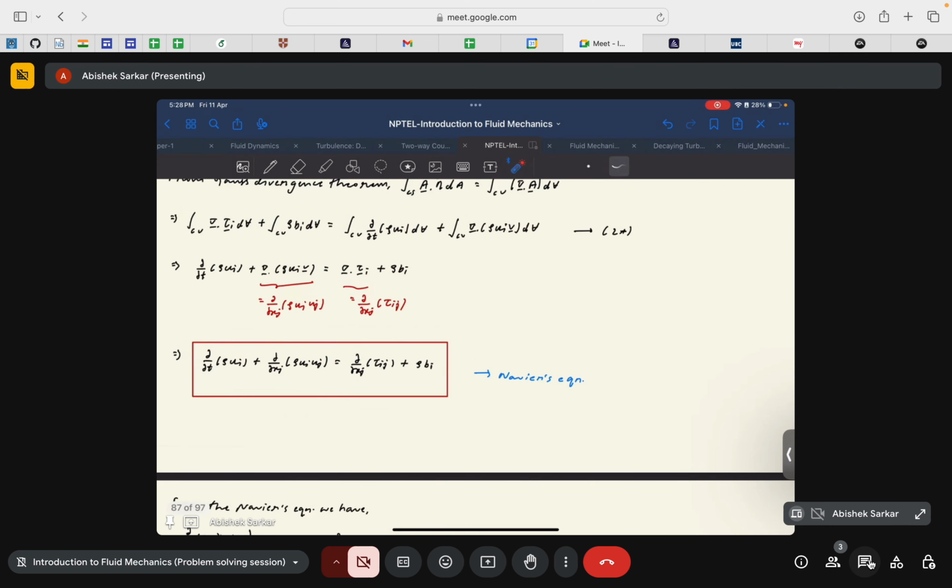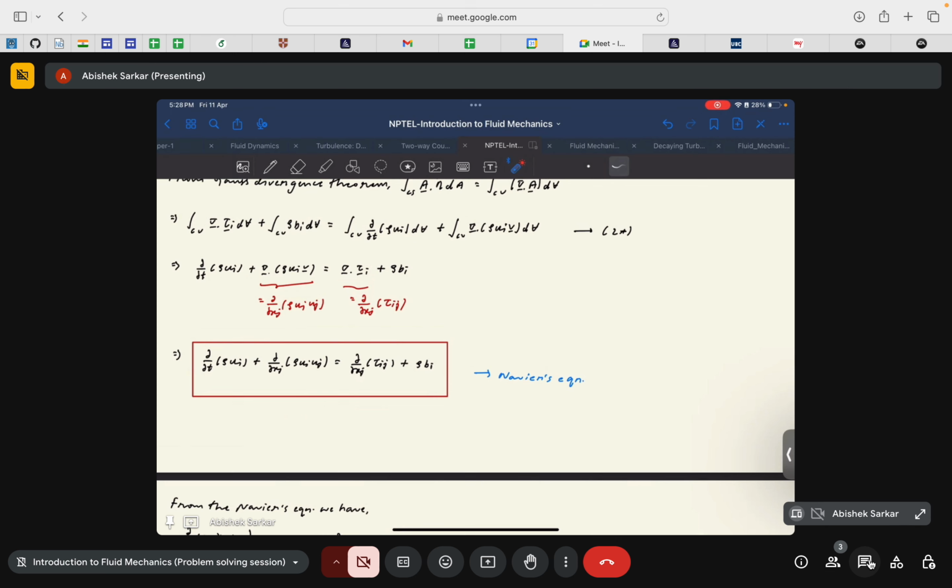But still, this is the more generalized form of momentum conservation in fluid flow, because if you are going to take higher studies or research work, say a PhD or some advanced research, you will deal with fluids that do not behave as Newtonian fluids. They do not show the Newtonian characteristics. There might be scenarios where the shear stress may not vary linearly with the shear strain rate, and there might be some different power law.